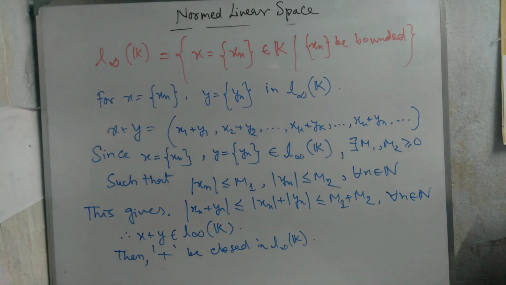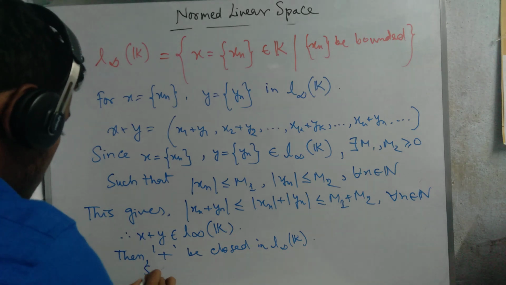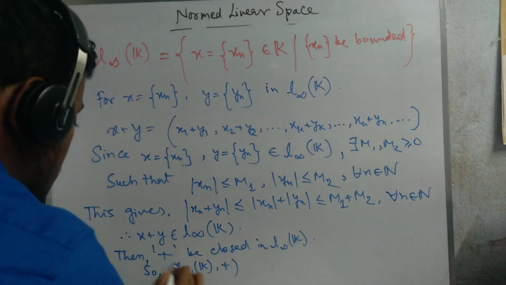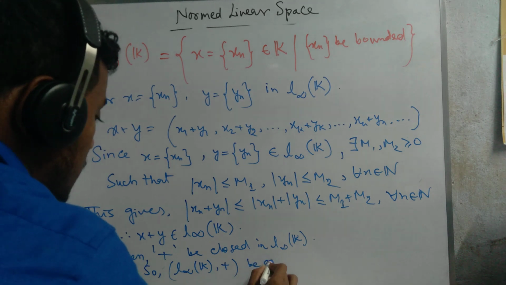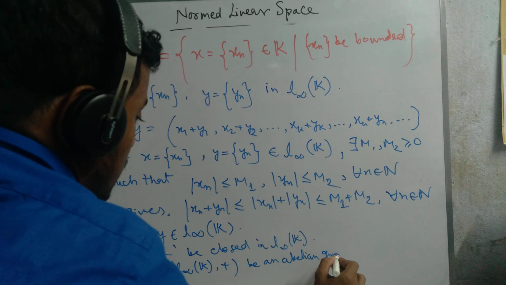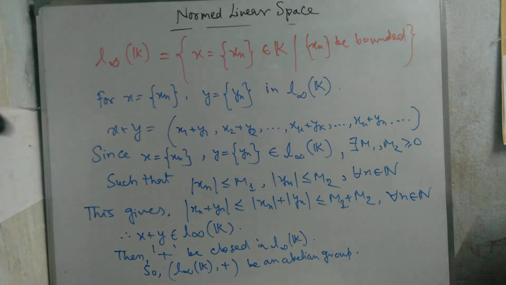So L infinity k with plus is an abelian group. We erase that portion and go on to further discussion of that.